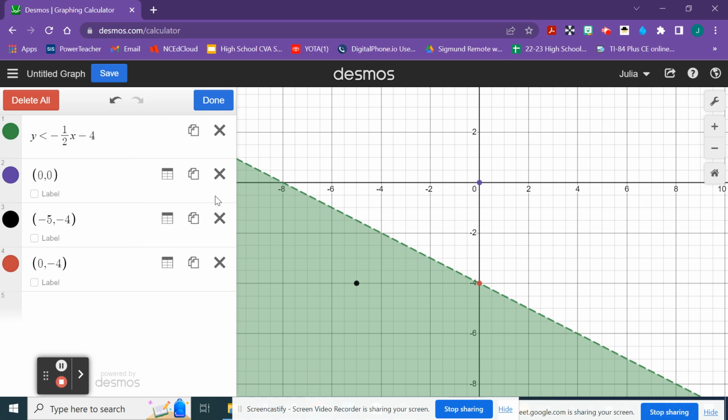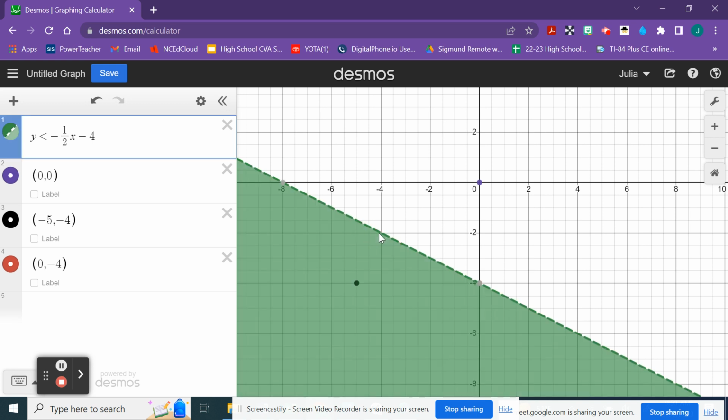Yep, you just have to know the dash line is a no. If it falls on this dash line, no good. Solid line, perfect. Colored area, great. Not colored area, no good. And that's for single inequalities.